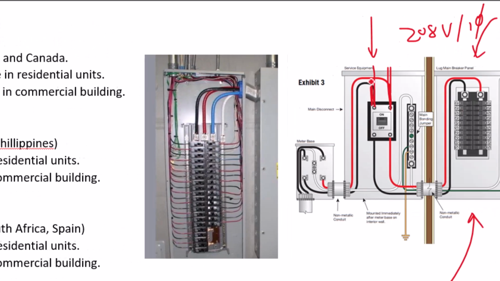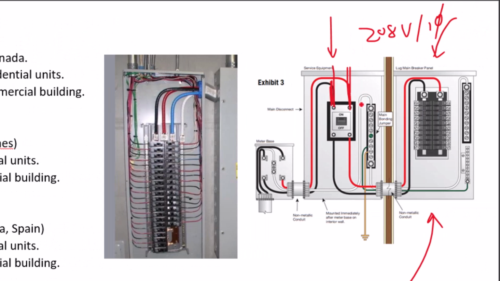And if you take one of these hot legs to a neutral, which is represented by this white line, you have 120 per phase. So from phase to neutral, it's going to be 120 volts. From phase to phase, you're going to get 208 volts single phase.